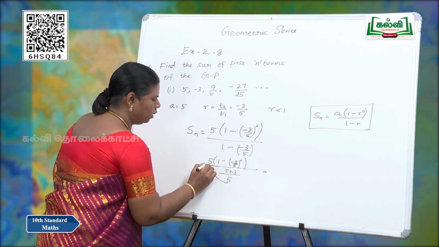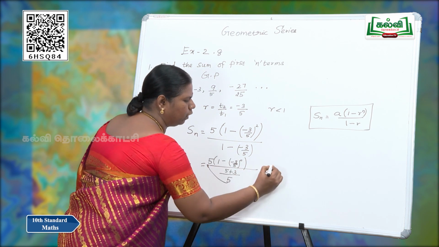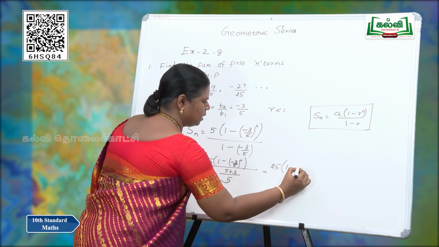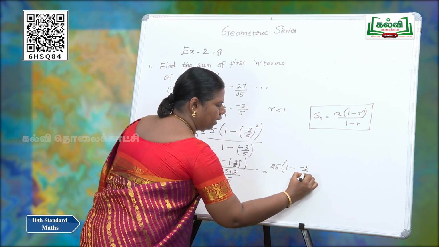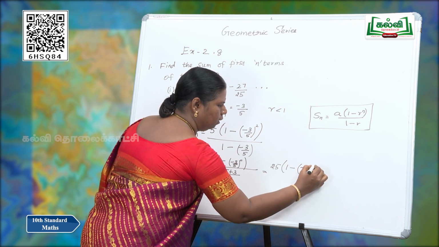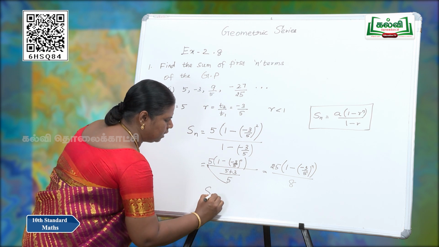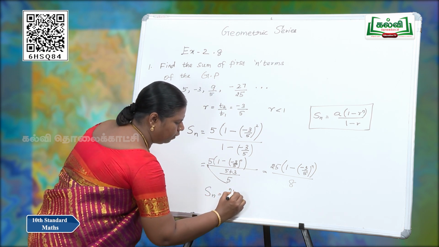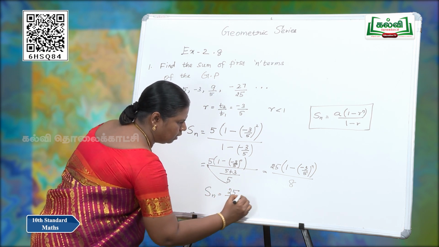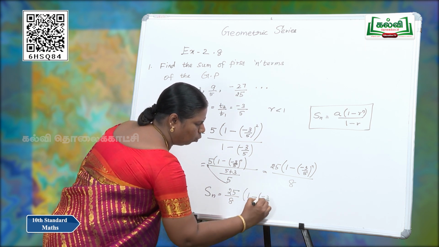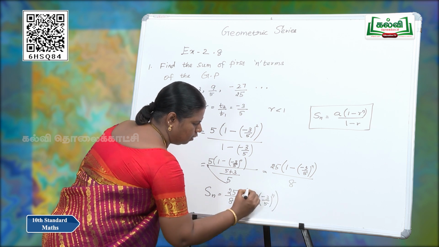The 5 goes to the numerator. So, 5 into 5, 25, 1 minus minus 3 by 5 the whole power n by 8. So, Sn is equal to 25 by 8, 1 minus minus 3 by 5 the whole power n is the answer.